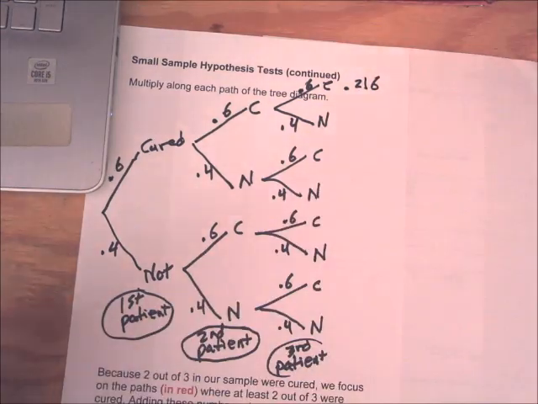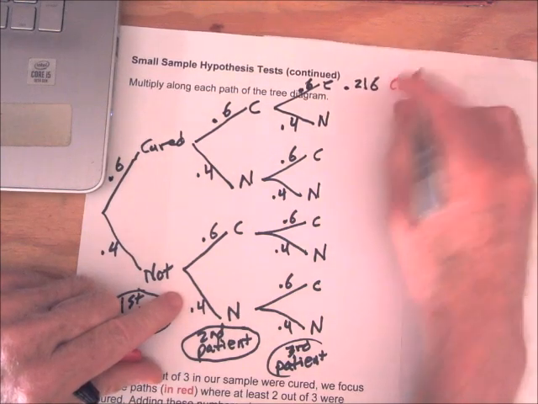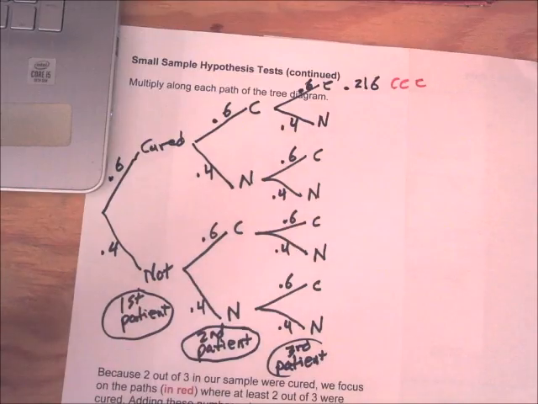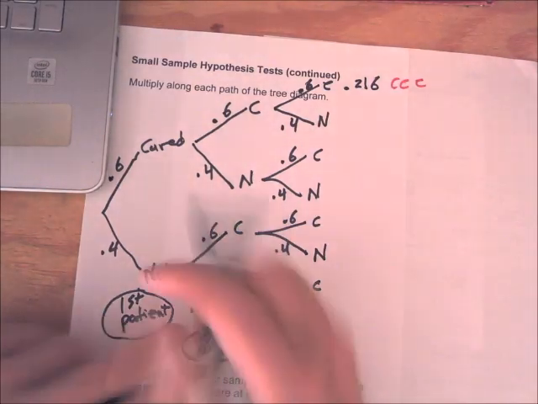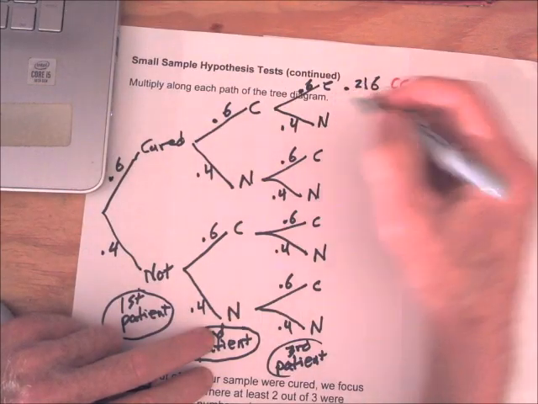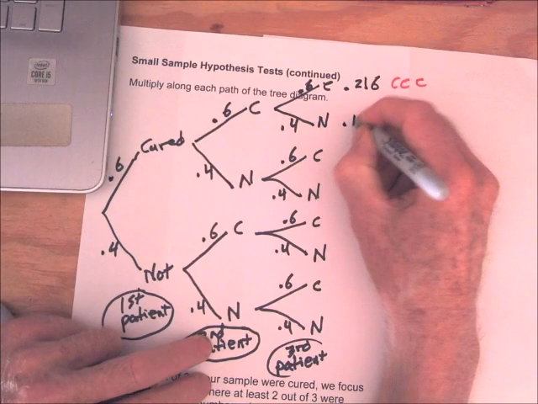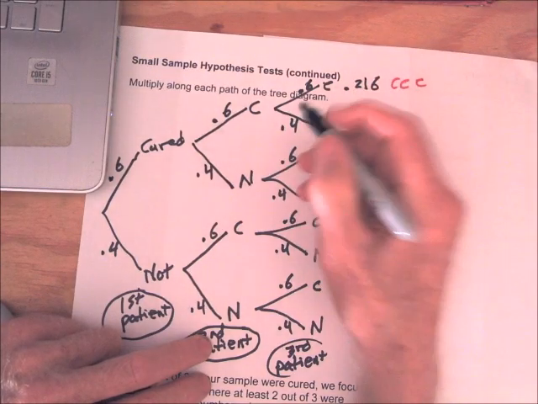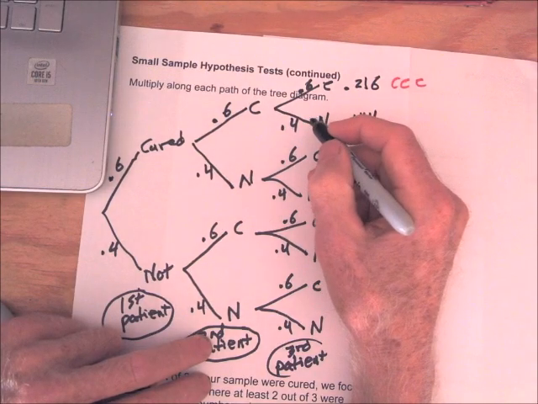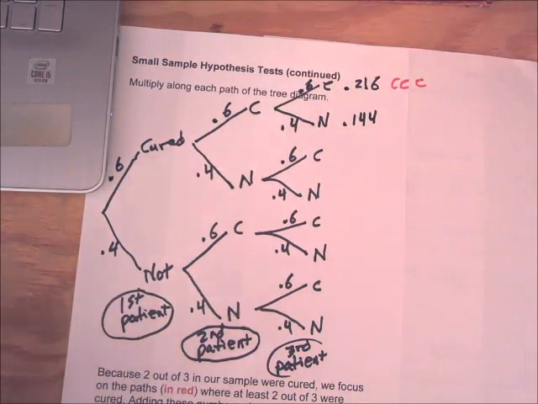And that's all 3 cured. Okay, the second path: 0.6 times 0.6 times 0.4. 0.6 times 0.6 is 0.36, and then times 0.4 is 0.144. So that's cured, cured, not.